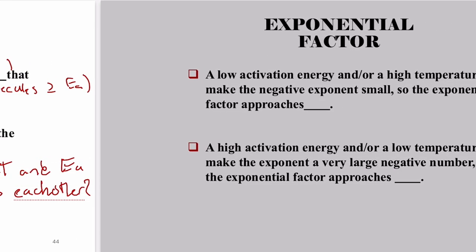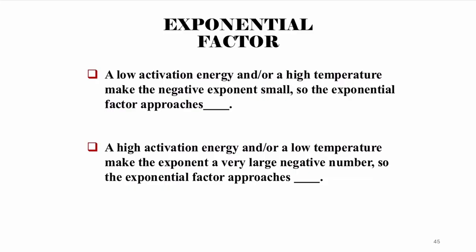And so we can usually look at independent cases of where one is large and one is small. So a low activation energy or a high temperature, right, relative to each other. So this means that EA is small or the temperature is high.